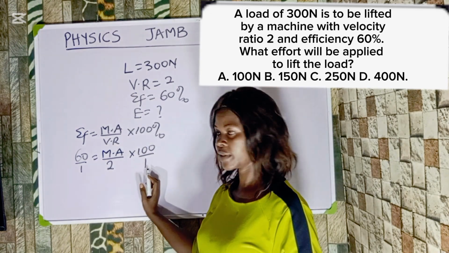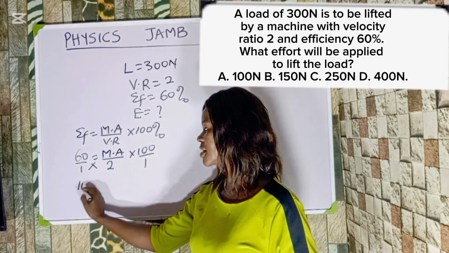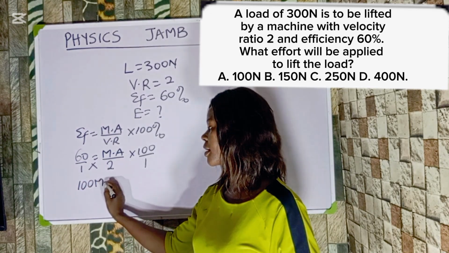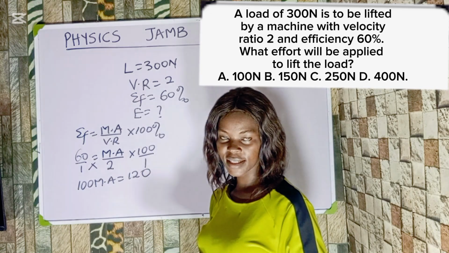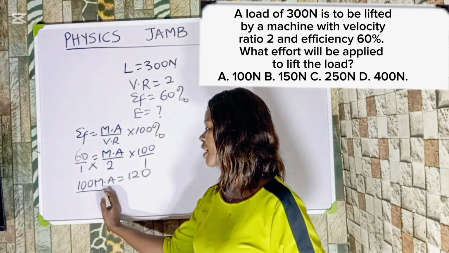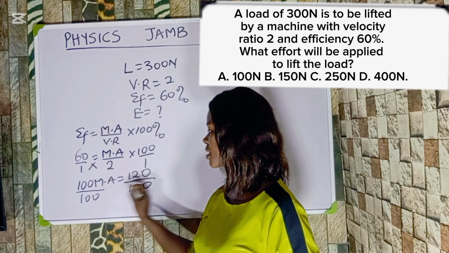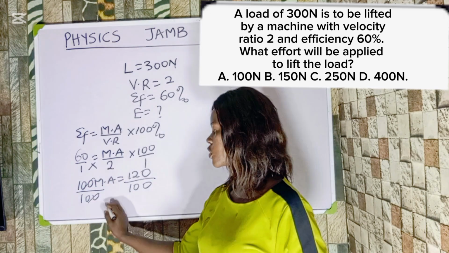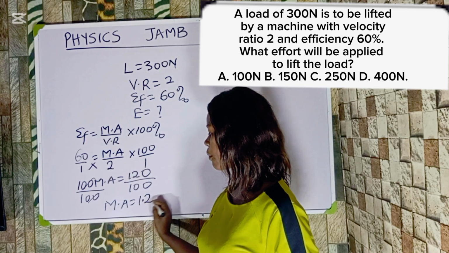So if you cross multiply, that is 100 MA is equal to 120. I hope that is clear. And divide both sides by 100. This cancels this, right? So my mechanical advantage is equal to 1.2.